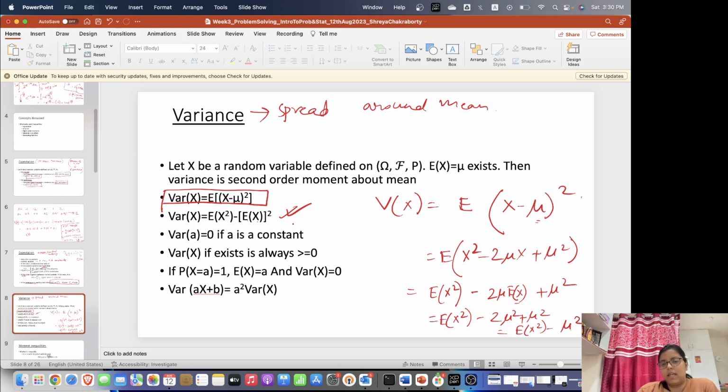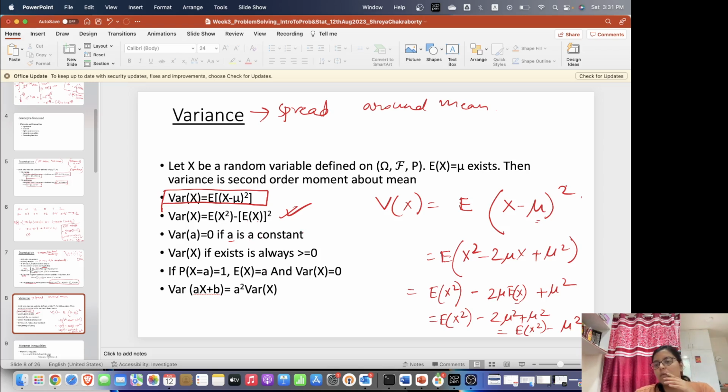Next, the variance of a is 0 if a is a constant. If we have a constant value, that means it is not varying. The mean is also constant. So the variance of any random variable which takes only a constant value is 0.